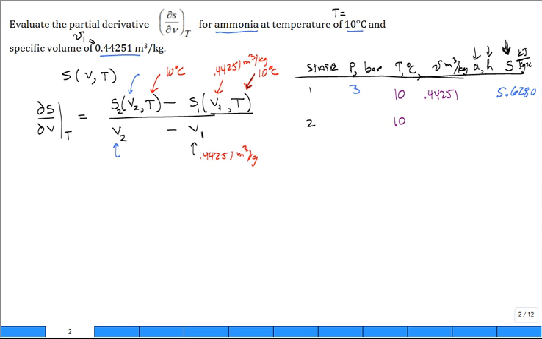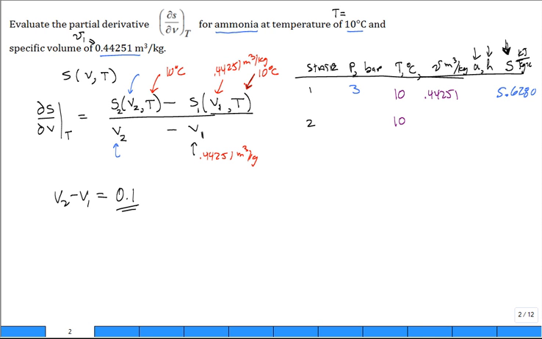A lot of times people numerically will do the V2 minus V1 as some value like 0.1, that makes it really hard. But you can do this derivative for something that's not a nice entity like 0.1 or 0.01 for the delta V.